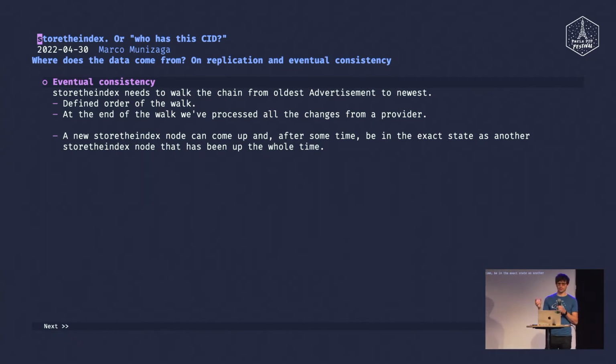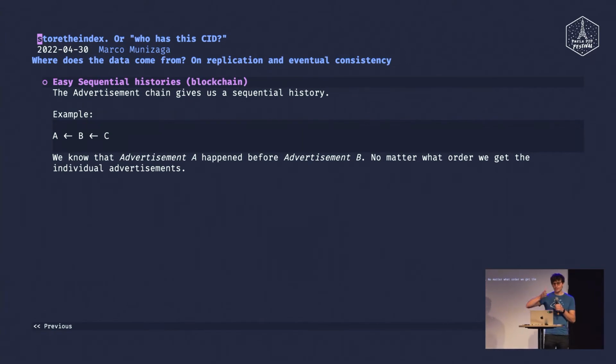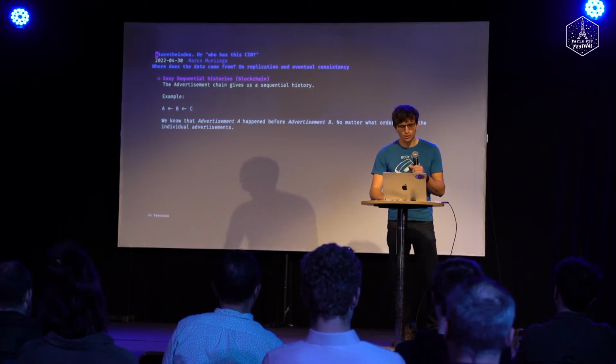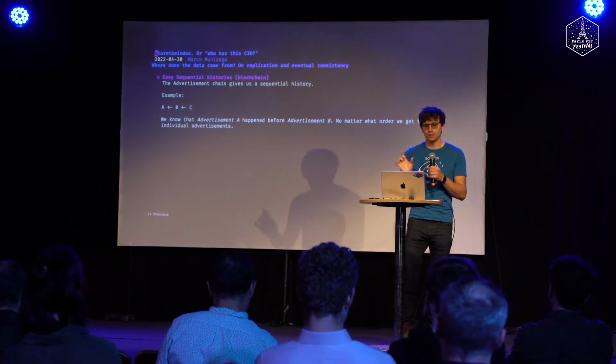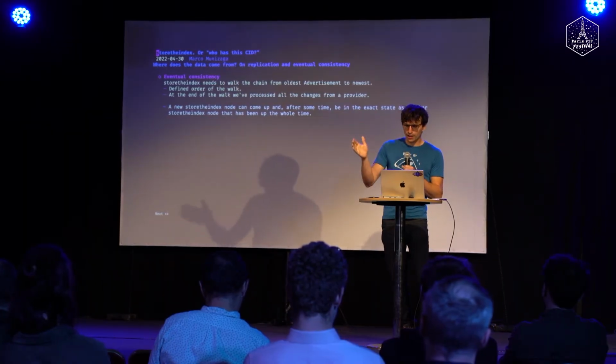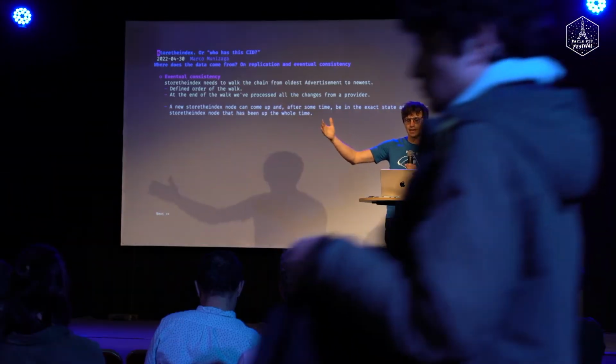This is a property of getting these sequential histories, because when they're looking at this advertisement chain, they might just look at A, and then they only have the information from advertisement A. They might later get C and then realize, oh wait, hang on, I haven't processed B yet, so I need to find B first, and then I can do the rest. So you'll only be outdated, but you won't be flat out wrong. We have a defined order of how to process these advertisements.